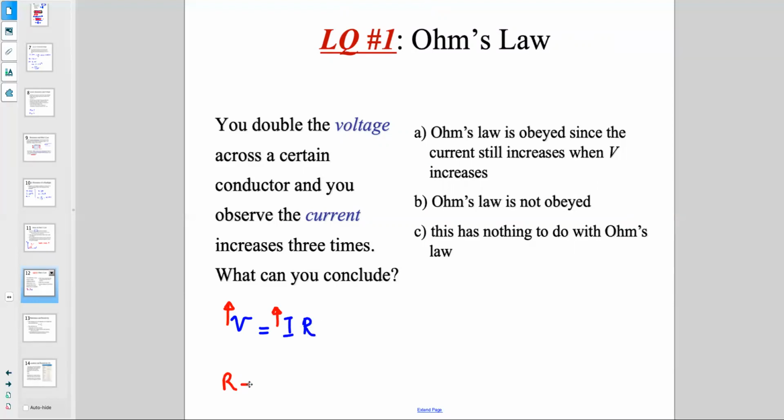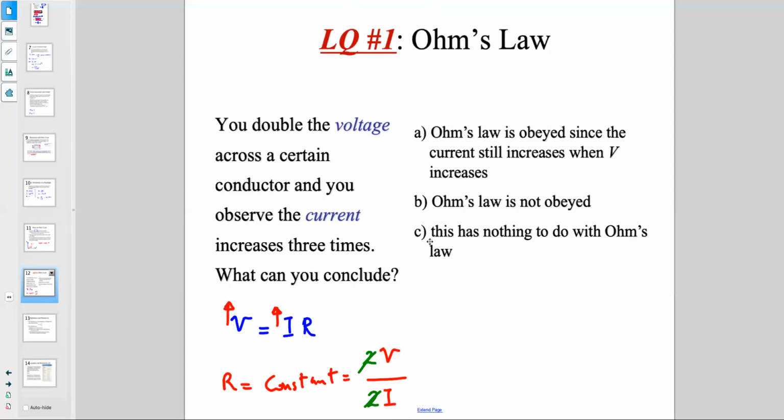R, which is always a constant value for a device, is V over I. If you multiply V by 2, you need to multiply I by 2 as well, so they can cancel out and you have the same constant value. If that's not happening, then you're not having an ohmic relationship. Your wire is not an ohmic wire.